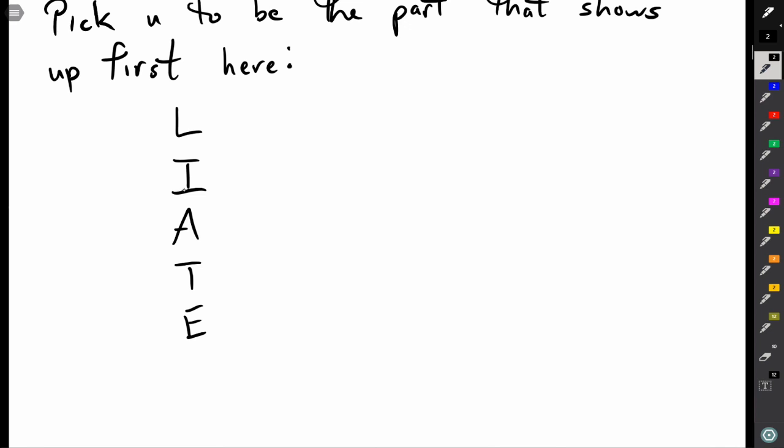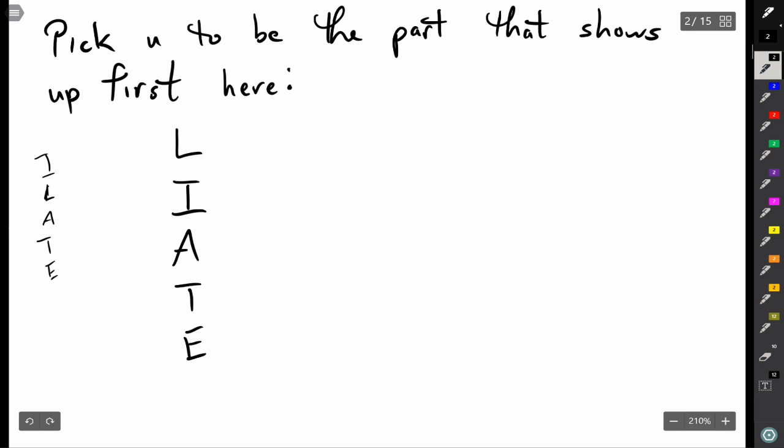If you have both of these at the same time, it's going to be a tricky integral anyway, so you can switch these two around so that it becomes I-late if you like. The order of these top two doesn't really matter so much. So what do these stand for?